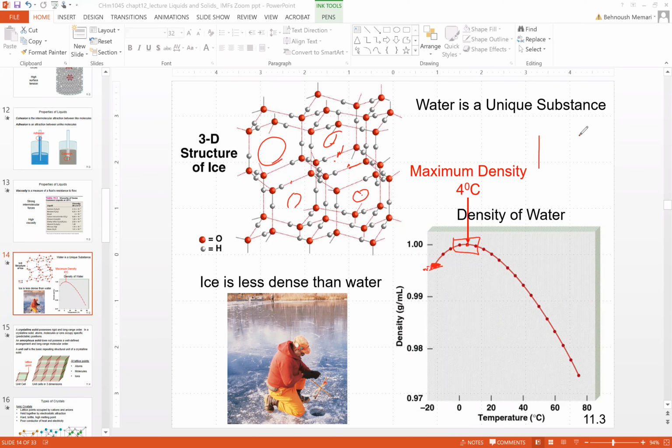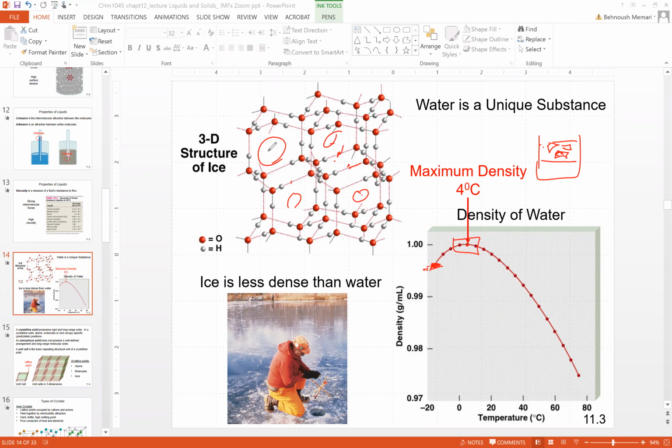Because when you have water and ice cubes, the ice floats and does not sink because ice has lower density than water. Now you know the reason ice has lower density is that the volume increases as it freezes.